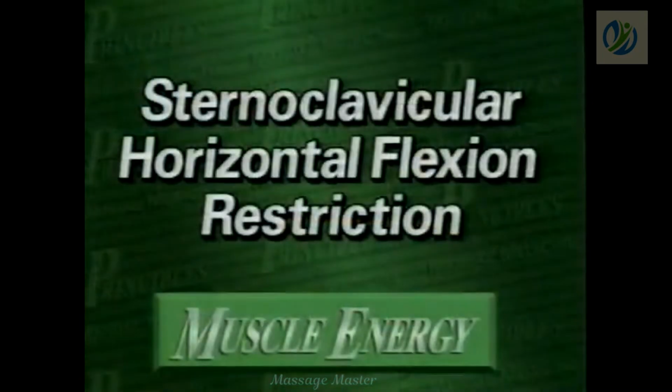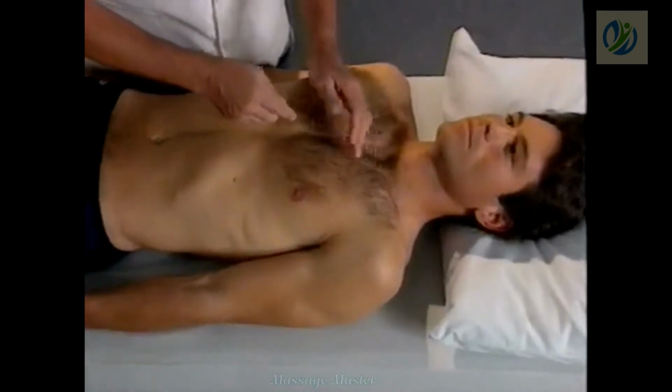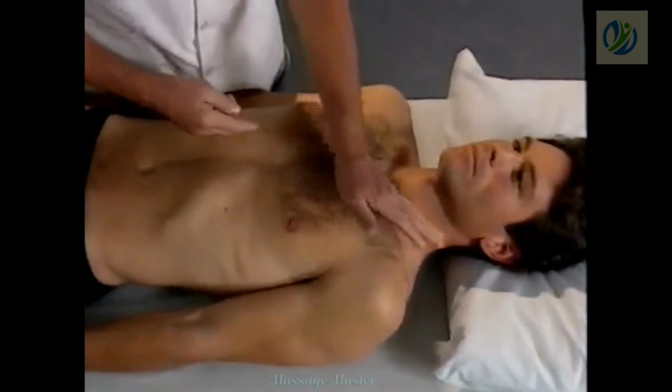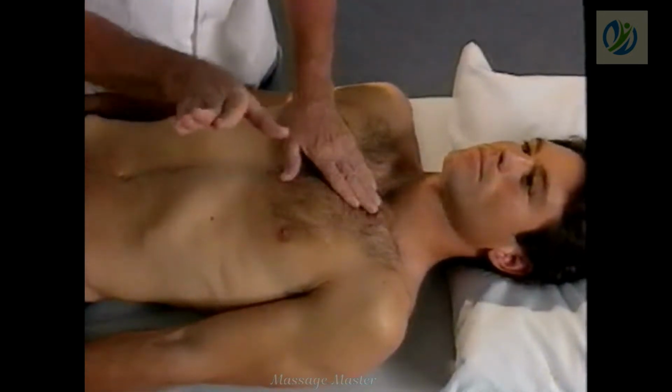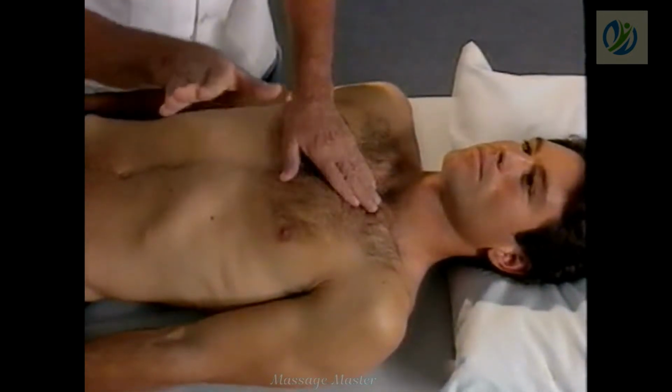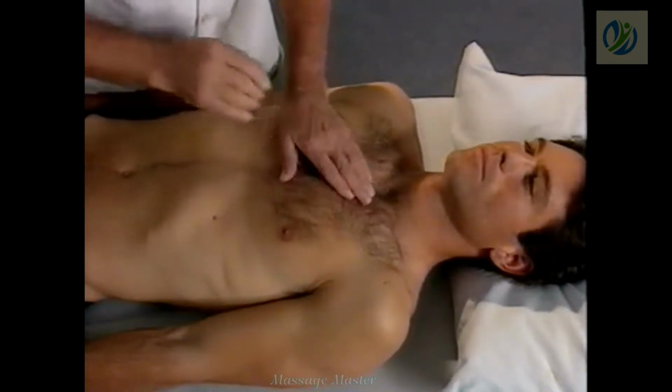The treatment procedure will include a contact on the medial end of the clavicle with a pisiform bone to hold it posteriorly while we resist the effort of the clavicle to move into horizontal extension.